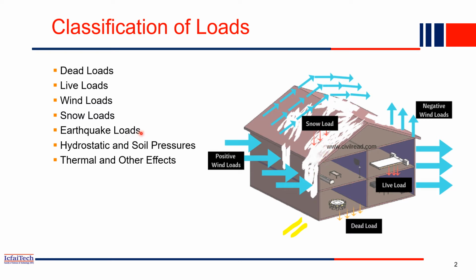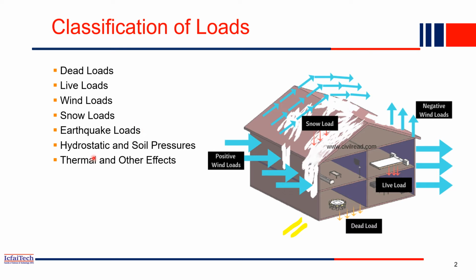Then next we have earthquake load. In South India earthquakes are less frequent, but if you visit the Himalayan region like the Northeast or Nepal, Bihar, UP, those regions experience earthquake loads very frequently. So due to an earthquake, our structure experiences extra load, which we call earthquake load.